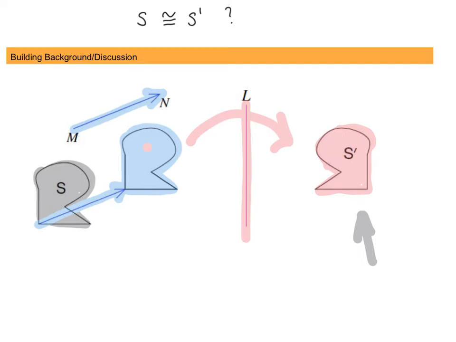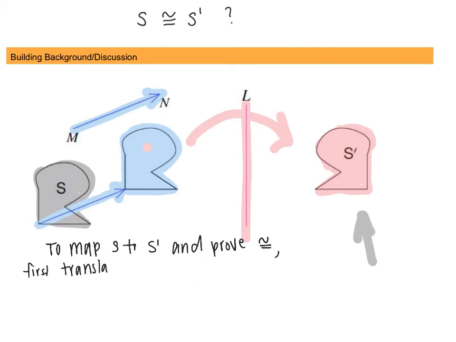Okay, so I'm going to go ahead and write out exactly what we did. So to map S to S prime and prove congruence, first we translate S, figure S, along vector MN.